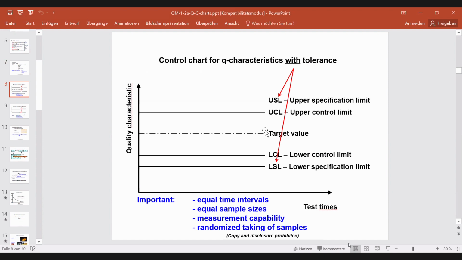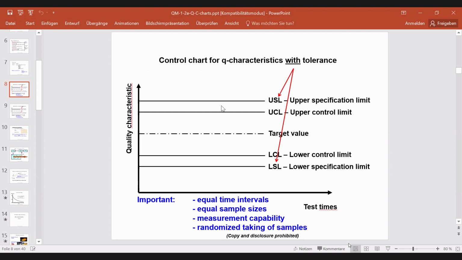And then you have the specification limits. These specification limits are in the drawing. Let's say the quality characteristic is a dimension. Then you have the tolerance of the dimension in the product drawing.